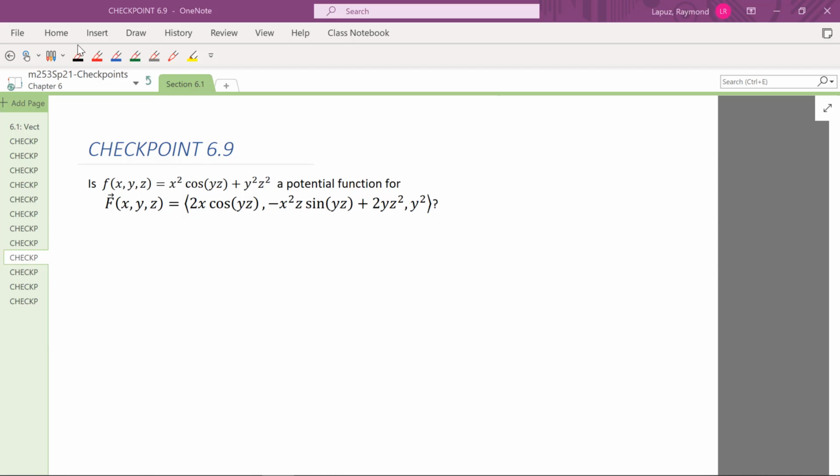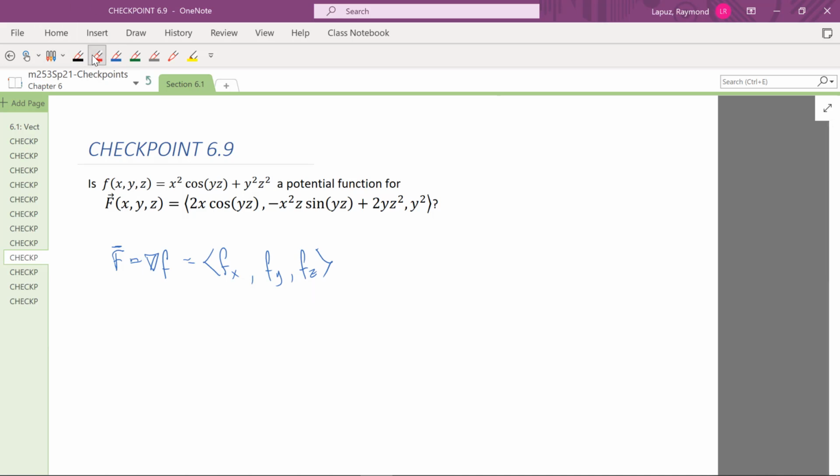For this to be a potential function, the vector field has to equal the gradient of the function, which is to say that the gradient of the function is the partial with respect to x, comma, the partial with respect to y, comma, the partial with respect to z.